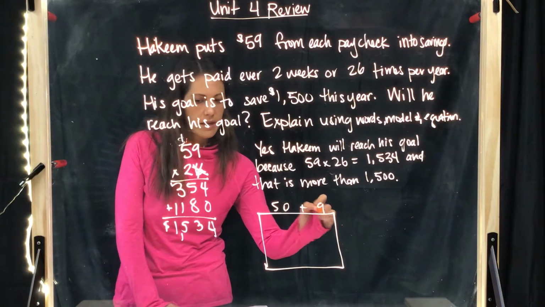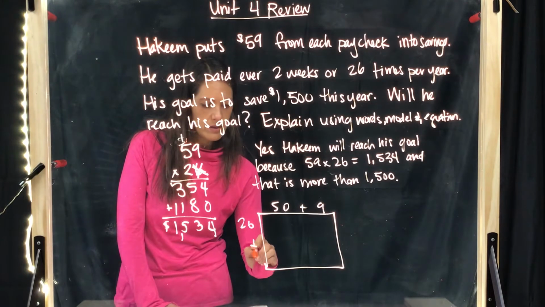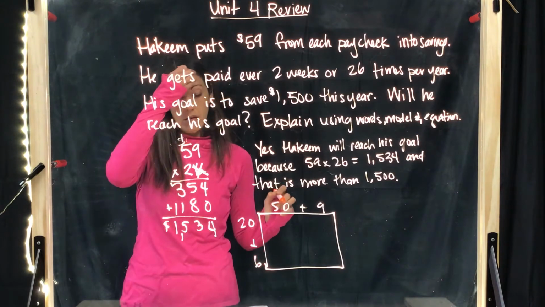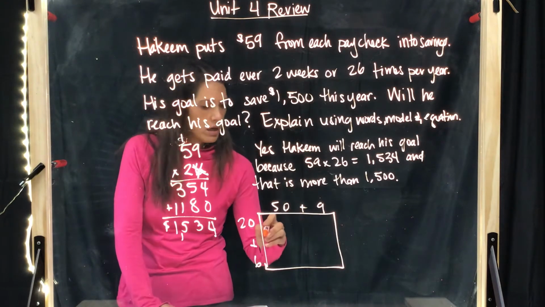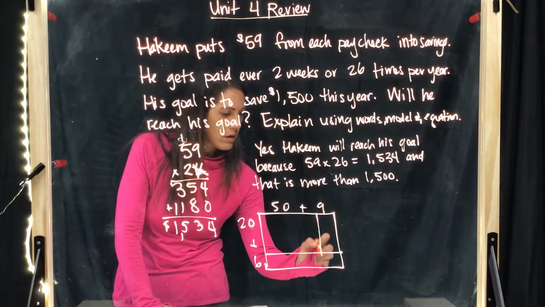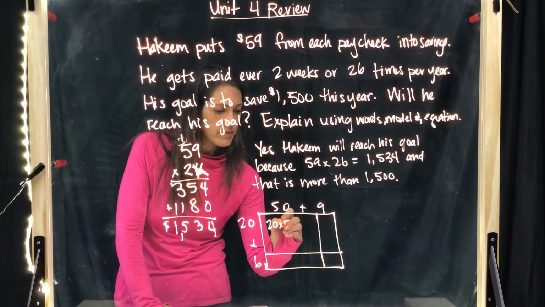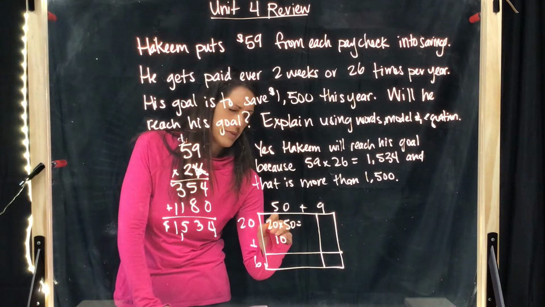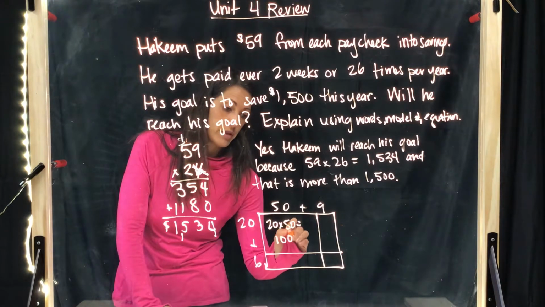50 plus 9 and 20 plus 6. Could do that. So I'm multiplying here 20 times 50, which is 5 times 2 is 10. Then 2 more zeros.